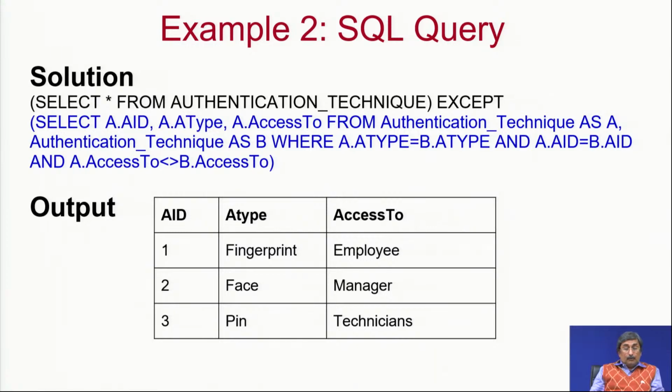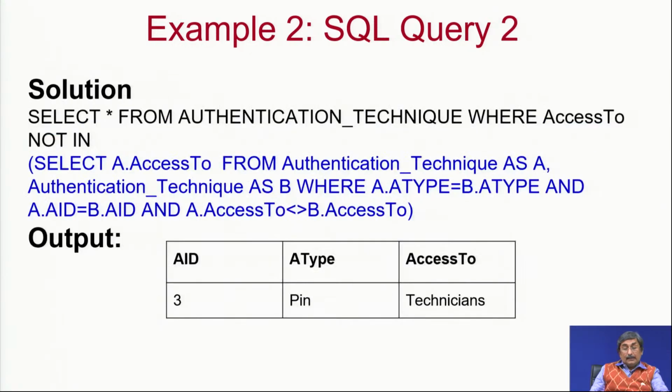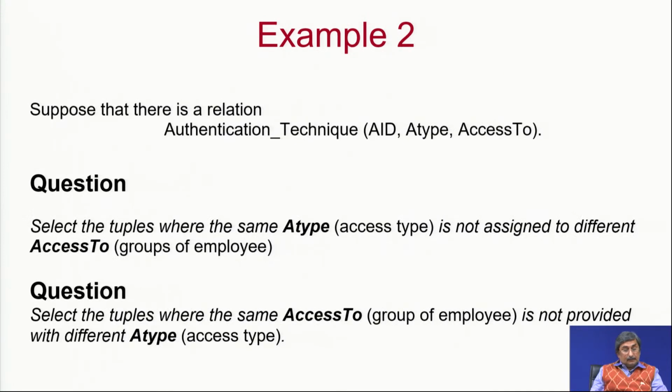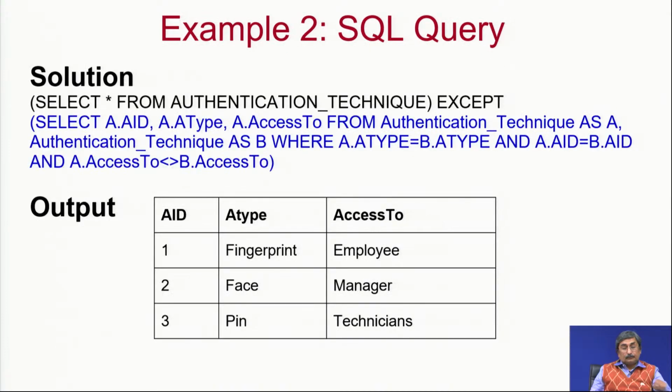If I do that, what will happen? I will only get the last 2 rows, password manager and password employee. When I get them, what does my outer query say? My outer query says select star from authentication technique except, which means a minus operation.